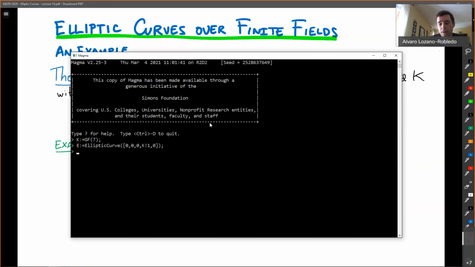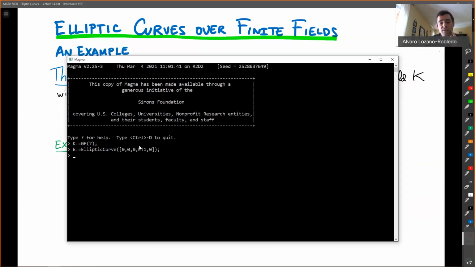In our example, the only coefficient that is non-zero is A4, which is 1. What this means is the coefficient is 1, but I want it to be 1 living in the field K. So K exclamation point 1 is telling Magma that it's in K. And that defines E to be an elliptic curve over K.